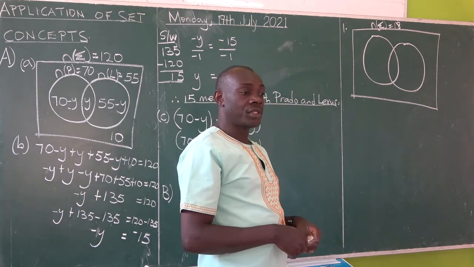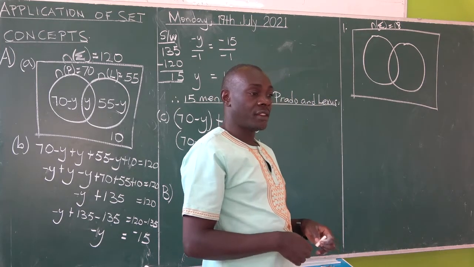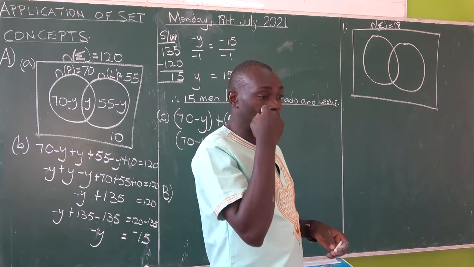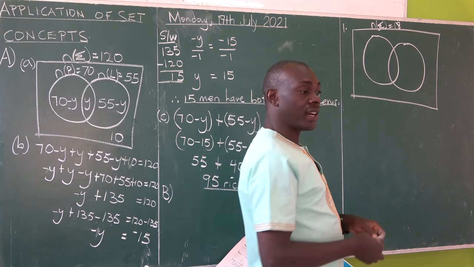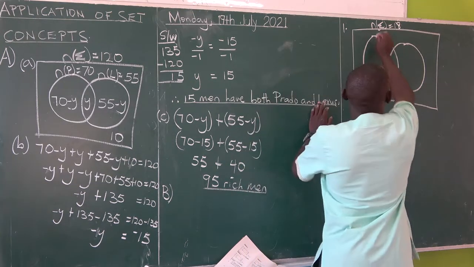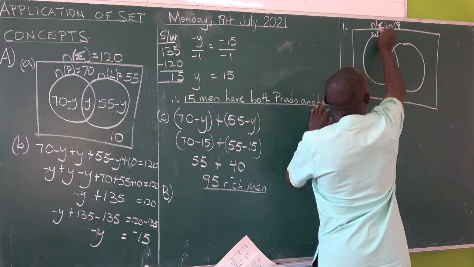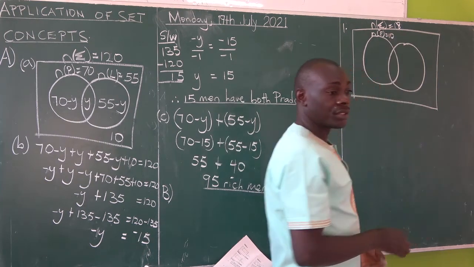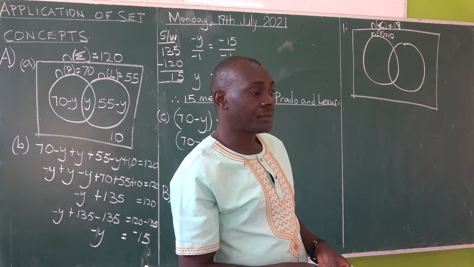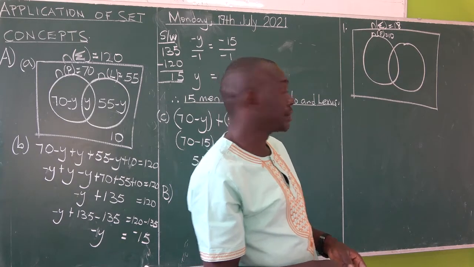They were served with 2 drinks, either Fanta or Coke, if not both. Now they are saying 10 drank Fanta F. You say number of elements in set F is equal to 10. Then continue reading and saying 4 drank both.